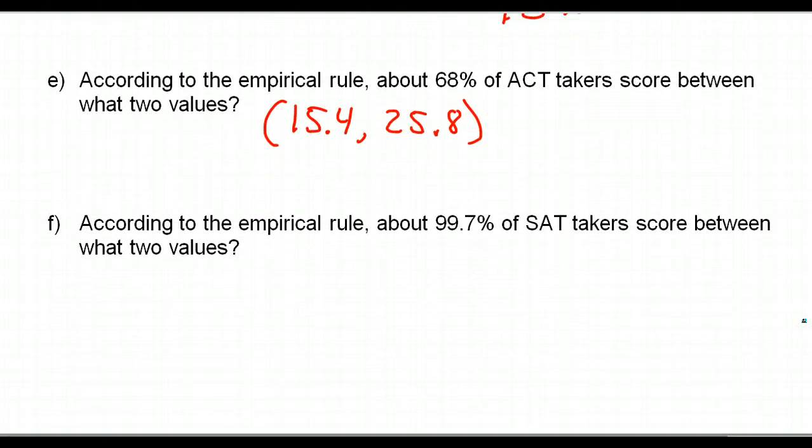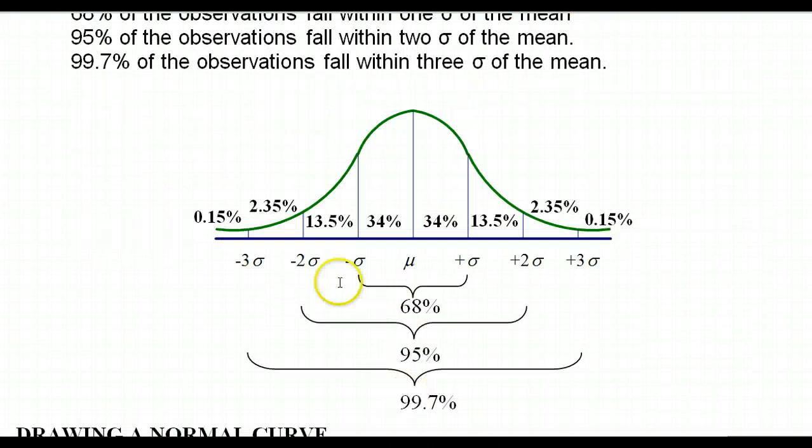And the last one, according to the empirical rule, about 99.7% of SAT takers score between what two values? Okay. I'm yawning, sorry. 99.7%, of course, that is 3 standard deviations from the mean in both directions.